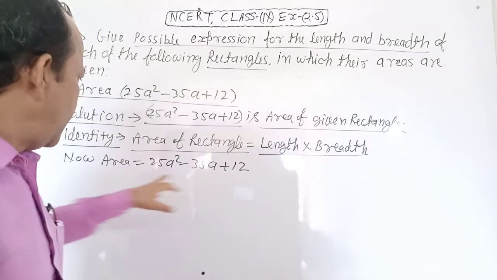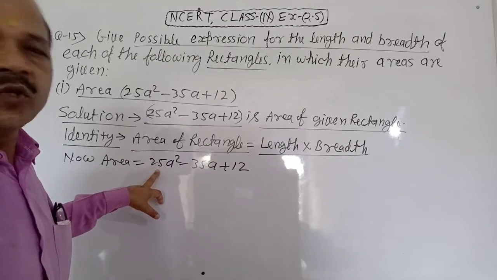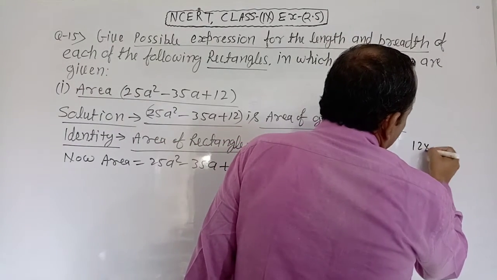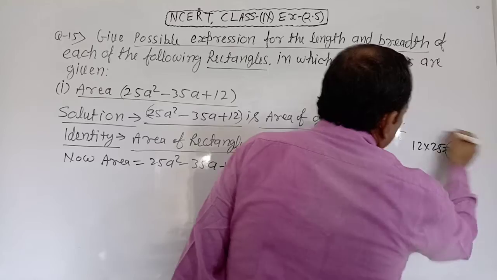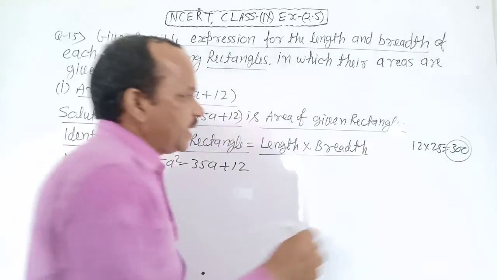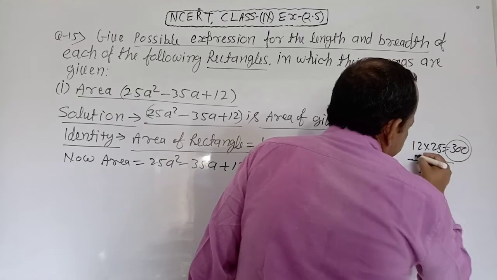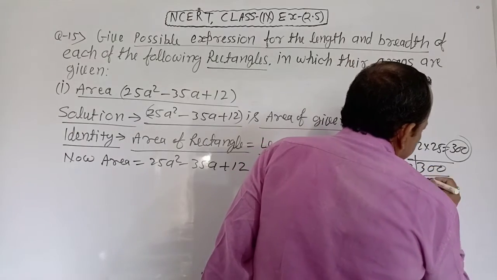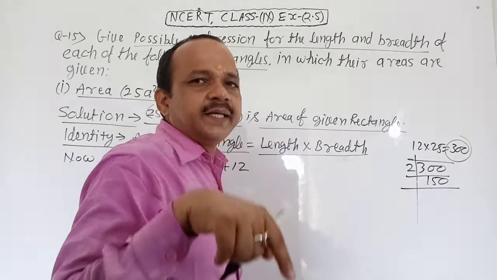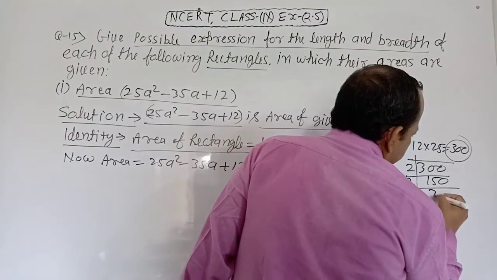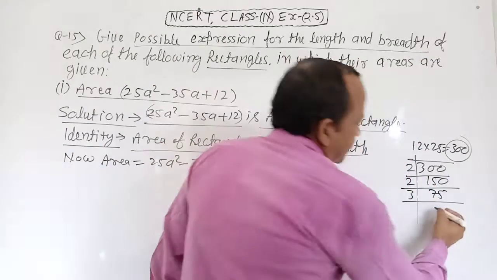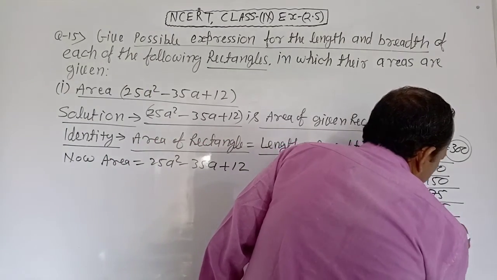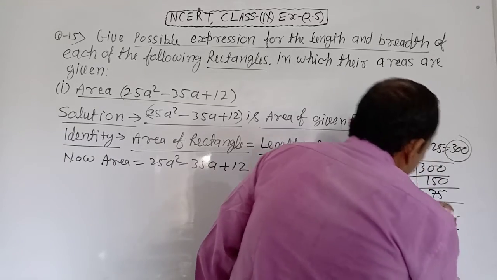Given here 12 and here 25, so you multiply 25 and 12. 12 multiplied by 25 equals 300. Now you factorize 300. 300 divided by 2, you find 150. 150 divided by 2, you find 75. 75 divided by 3, you find 25. 25 divided by 5, you find 5. 5 divided by 5, you find 1.